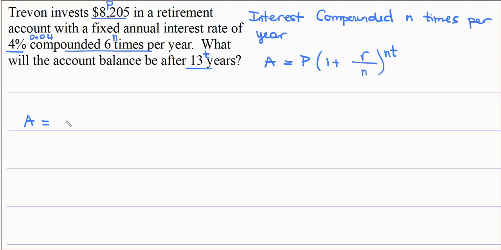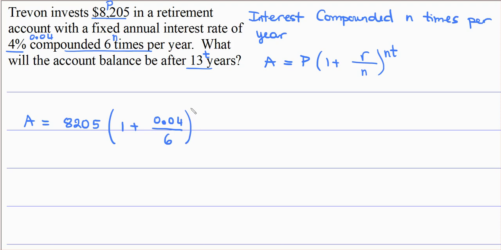So our principal is 8,205. 1 plus the interest, 0.04 in decimal, divided by n. So again, what is n? n is the number of times interest is paid each year.